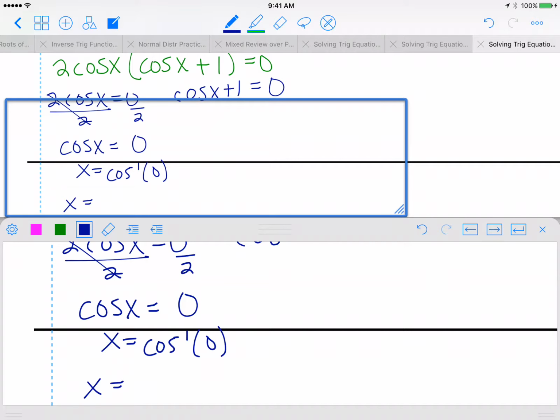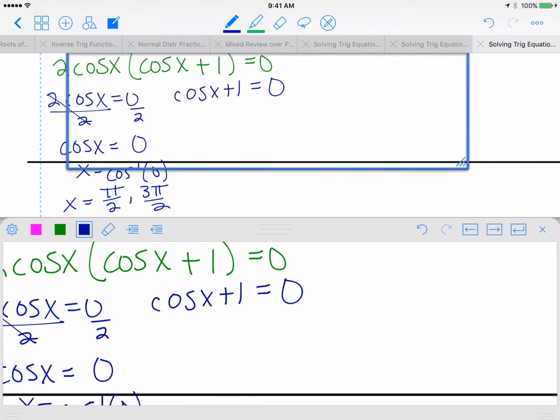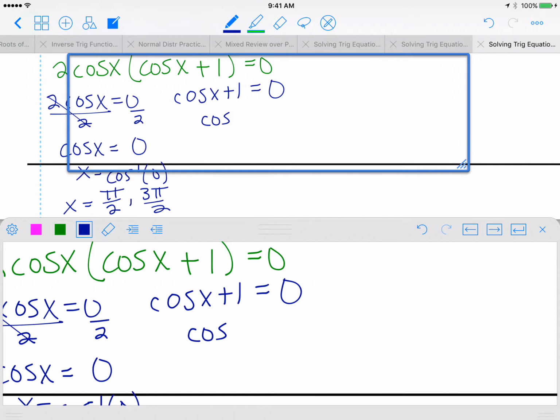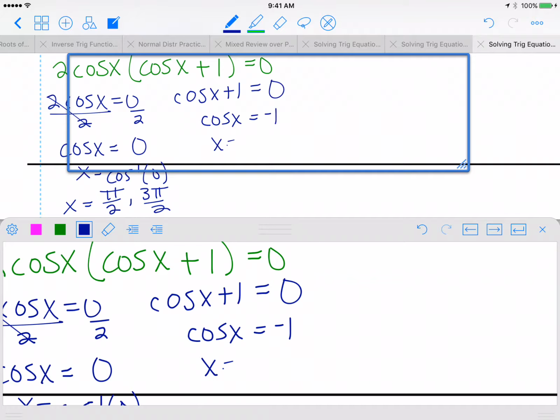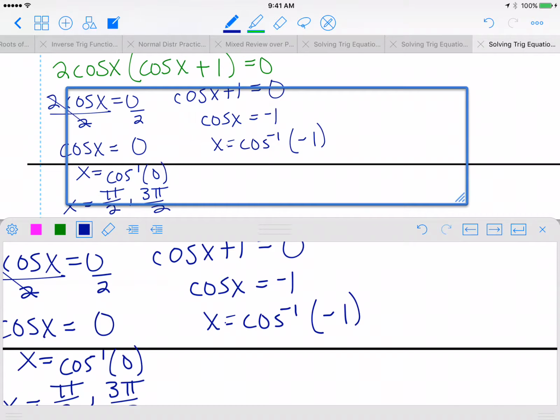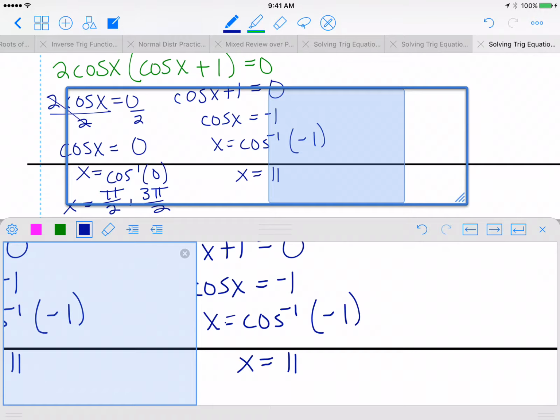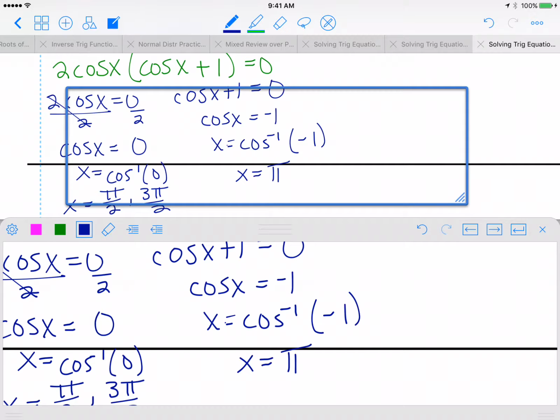I feel like I'm making this video really long and I'm not sure YouTube is going to do it well. So let's say pi over 2, 3 pi over 2. So there's that one. And then cosine x equals -1, and then we have the inverse cosine of -1. And if we look at that, we get pi. x is going to equal pi.